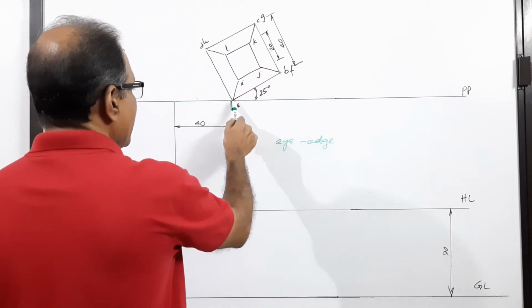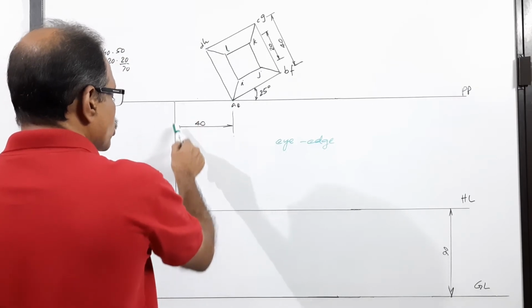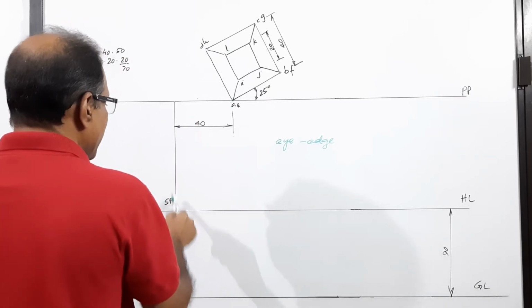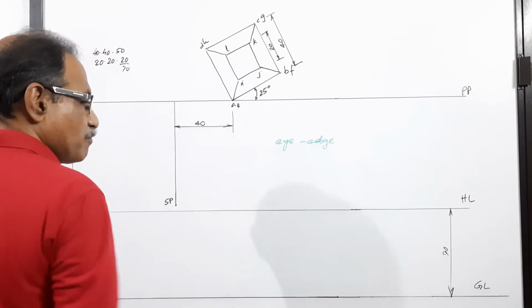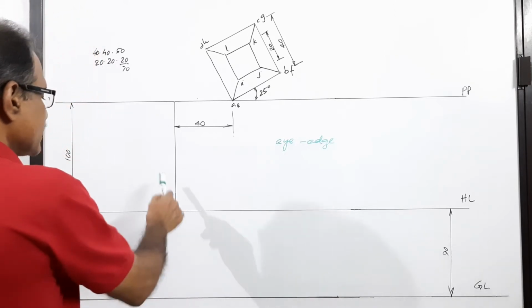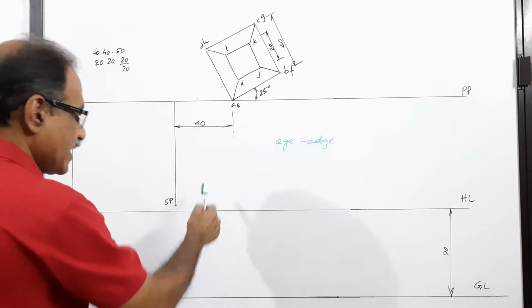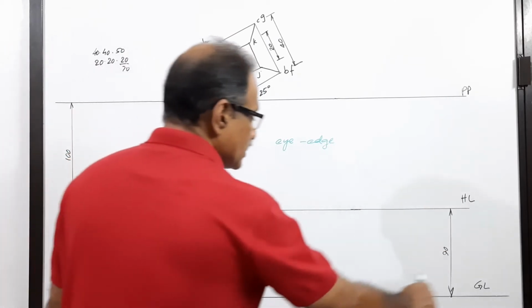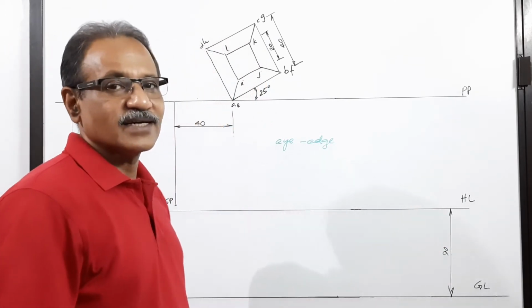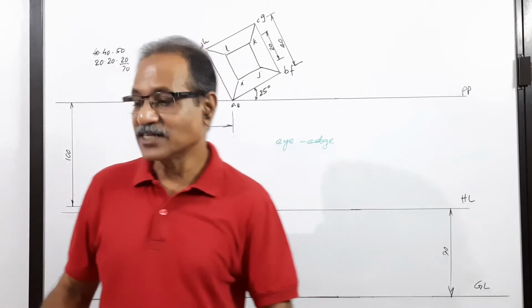Then from A, measure 40 mm to the left and draw the central plane, and on that central plane 100 mm away locate SP. Then some distance below SP, draw HL. 90 mm below HL, draw GL. That is the initial construction.